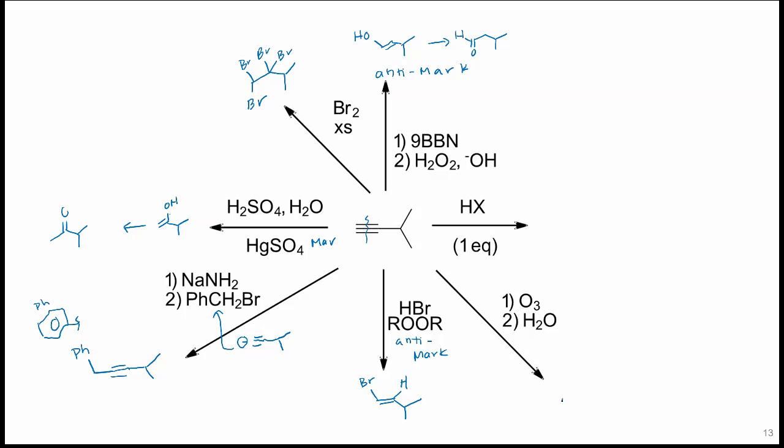We're going to end up with CO2 plus a carboxylic acid. So 1, 2, 3, 1, 2, 3. And then with HX, 1 equivalent, that's the Markovnikov, so we'll get the alkene, and our halogen goes there, and a hydrogen goes here.